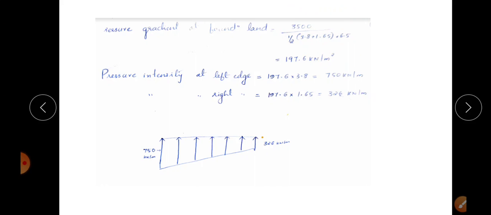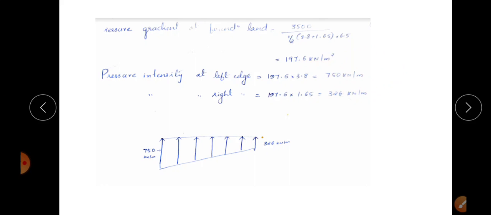So for the pressure at the left hand edge, we have to find the pressure intensity, that is pressure into the width B1. So it will be 197.6 into B1, 3.8. That is the pressure intensity at the left hand edge, 750 kilonewton per meter.